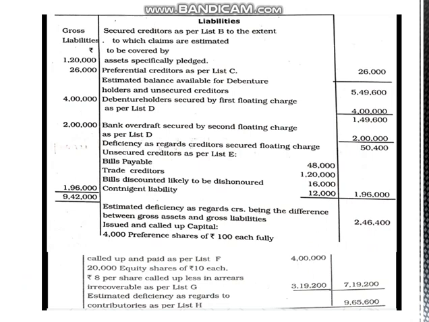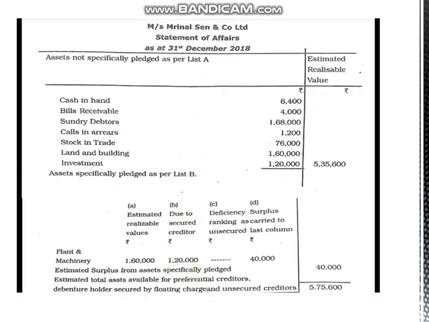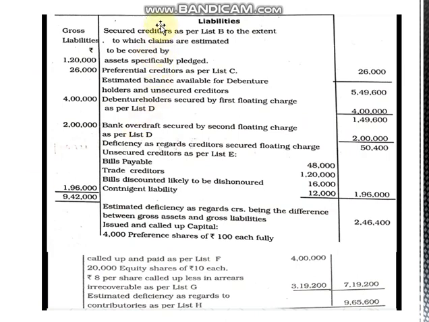Coming to the liabilities, secured creditors as per list B, to the extent to which claims are estimated to be covered by specifically pledged assets, is 1,20,000, which we have got earlier. This means the amount to be paid to creditors is 1,20,000, and for this, assets have been pledged.